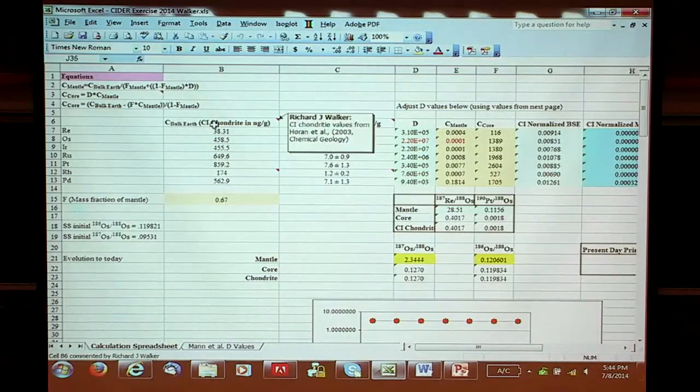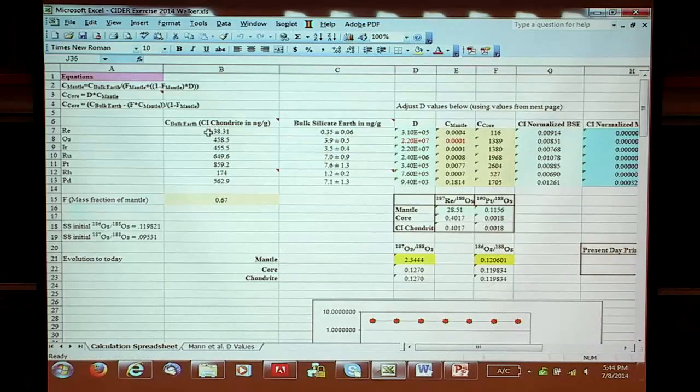Just as a quick aside, these are the bulk Earth values we get from C1 chondrites. C1 chondrites actually aren't a particularly good fit to the Earth from a highly siderophile element standpoint. We can discuss why that is later on. Bulk silicate Earth or primitive mantle concentrations are shown here with their estimated uncertainties.